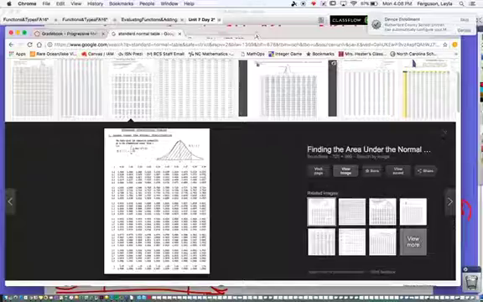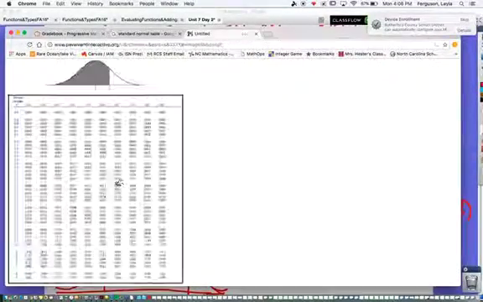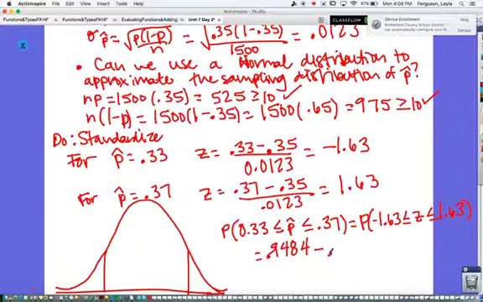You need to look for the negatives, which was, I think, this one. Yep. So negative 1.63 is over here, so 0.0516. And so whenever you work that out, you would get 0.8968.